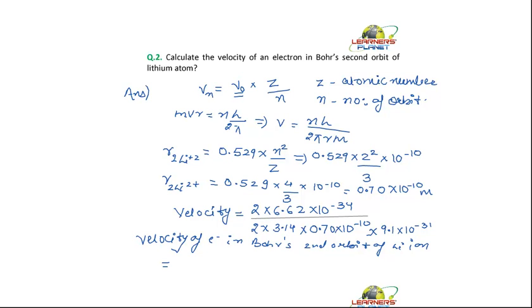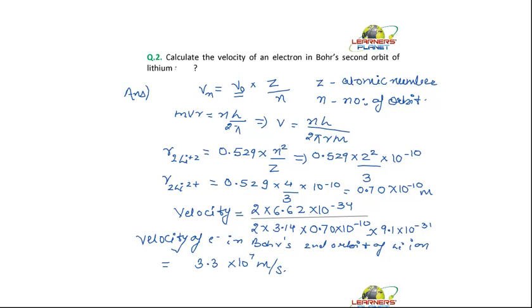So we will get here 3.3 into 10 to the power 7 meter per second. So this is our velocity.